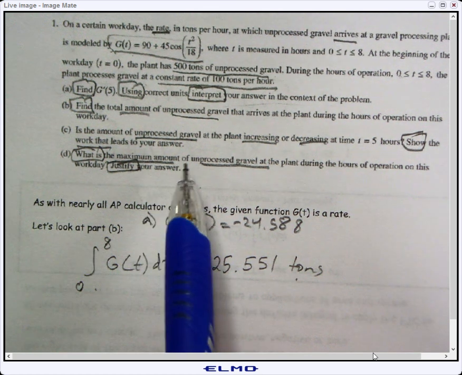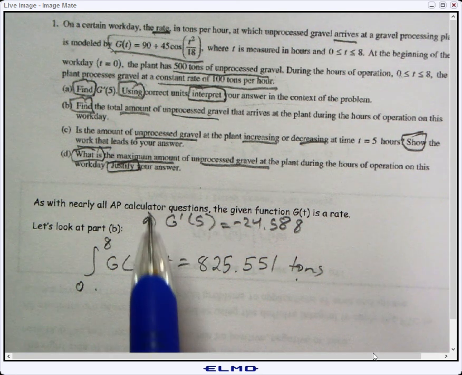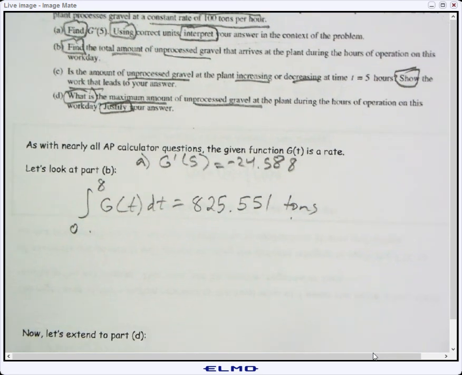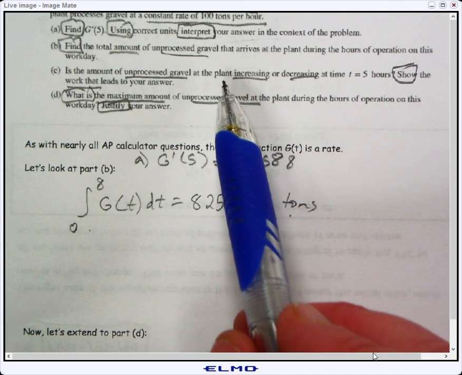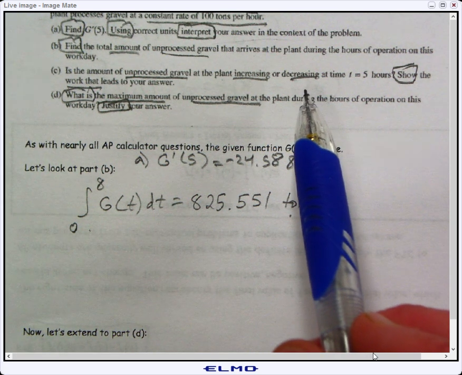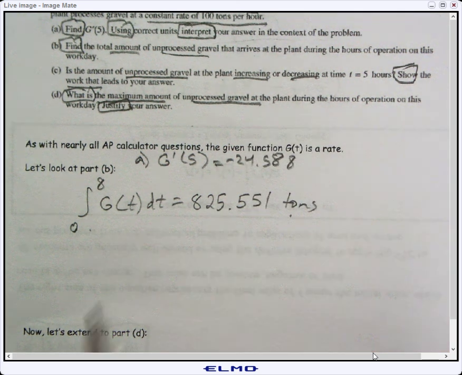Now, what we have to figure out for part C, and I'm skipping C, is whether the amount of unprocessed gravel is increasing or decreasing. That just means you can figure out the rate there. But I'm going to skip down to D, because this one is an accumulation function.